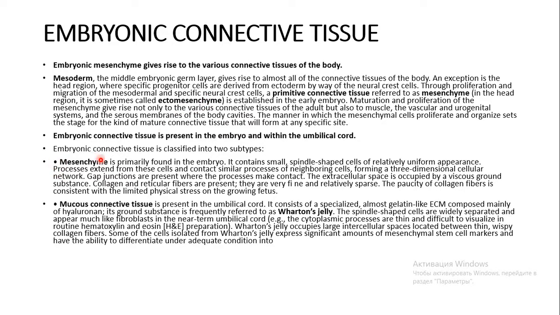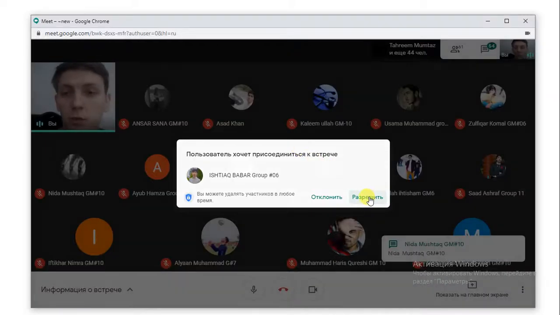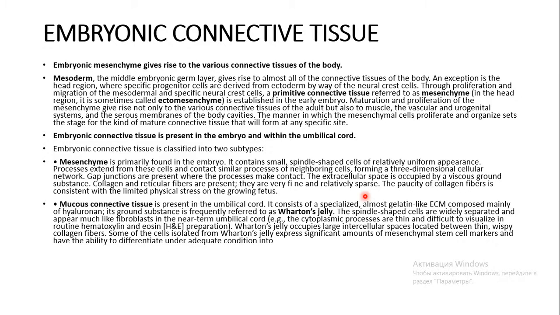From this mesenchyme will appear most of our organs. As in the previous lecture we said about blood formation, these mesenchymal stem cells of mesoderm are responsible for formation of both blood vessels, future blood vessels, and also for blood cells themselves.